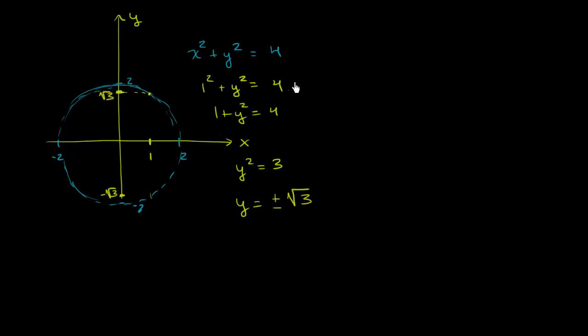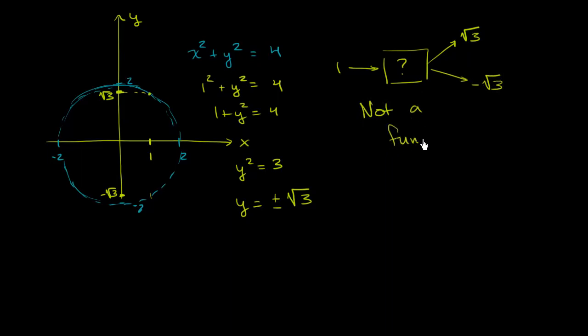So in this relationship, where I inputted a 1 into my little box here, with the 1 I associate both a positive square root of 3 and a negative square root of 3. This is not a function. I cannot associate with my input two different outputs. I can only have one output for a given input.